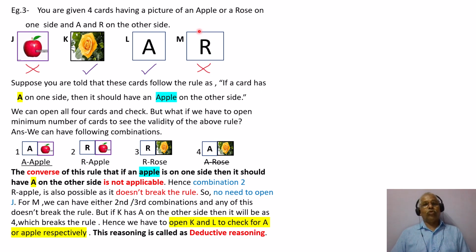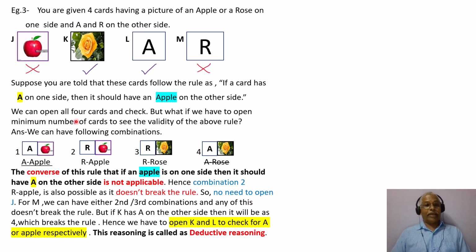Okay, so we need not open this also. So this is marked like that. So it's given here. For M, we can have either second or third combination, and any of this doesn't break the rule, so we need not open this.